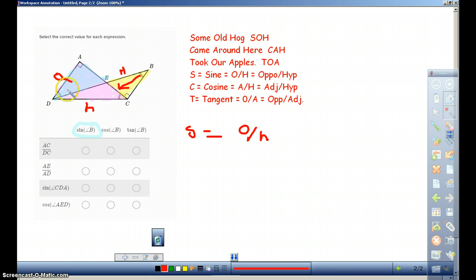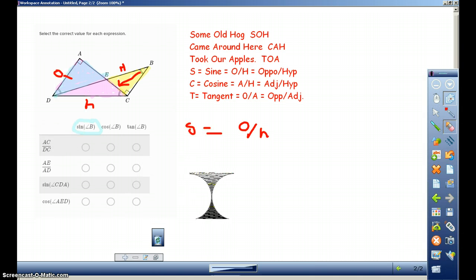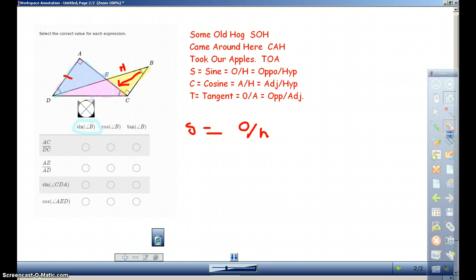So how about over here, the blue triangle? Okay, so in the case of the blue triangle, well, let me get my eraser and get rid of those markings.